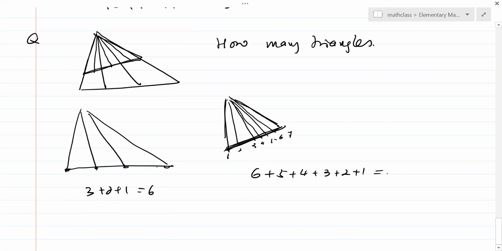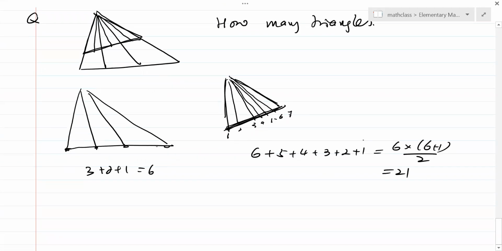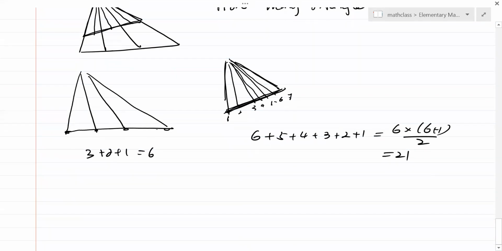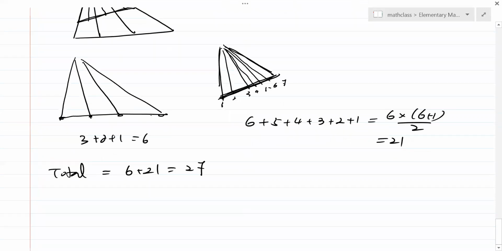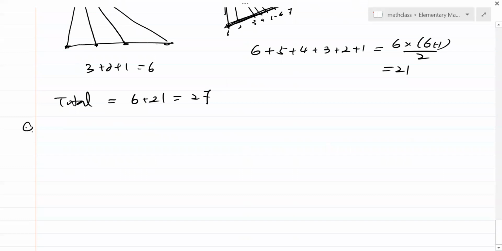Add them together. If you don't know, then you can use this formula. So it's 21. The sum of the first number and the last number, multiplied by the number of terms, divided by 2. So the total is going to be 6 plus 21, or 27. All right, so this is about the triangles.